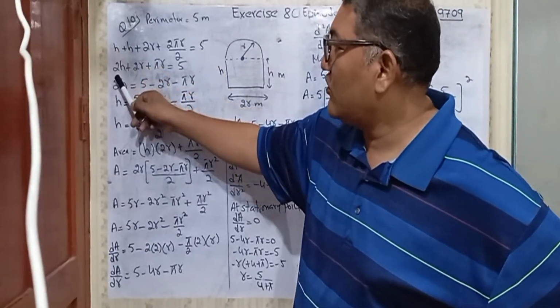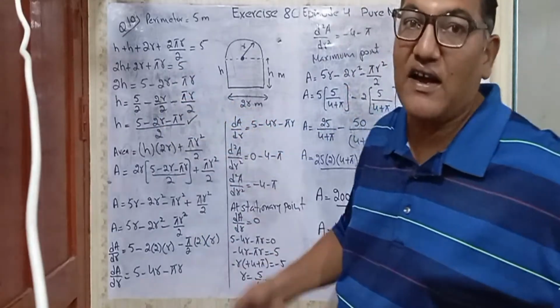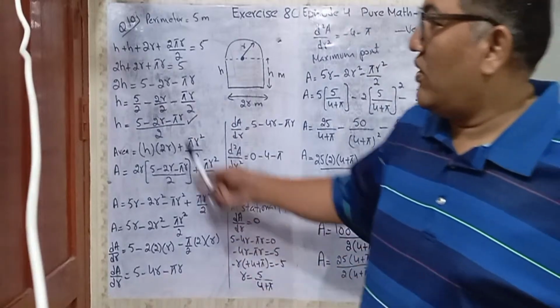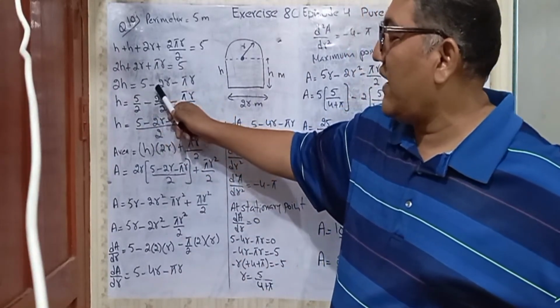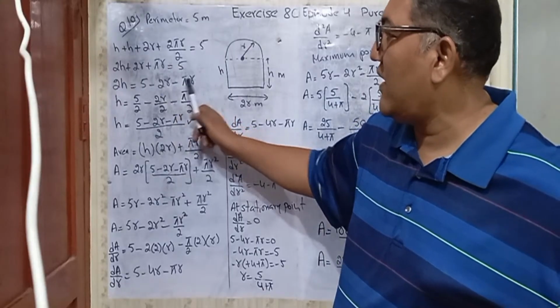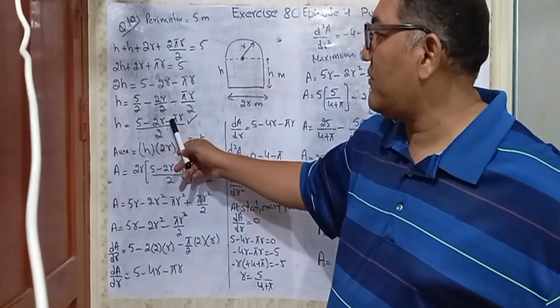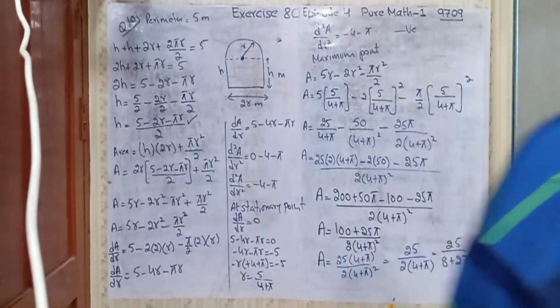So you will have 2h plus 2r, and this 2 cancels, so you will have pi r, and that will be equal to 5. Bring these two to this side, so 2h will be equal to 5 minus 2r minus pi r. So h will be equal to 5 minus 2r minus pi r, divided by 2. So this is how you will do the a part.